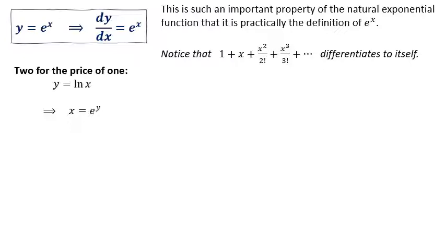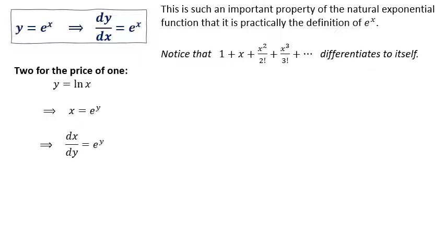And now, because we know how to differentiate e to the power of something, it just stays the same, we know that if I differentiate the right hand side with respect to y, I'll get e to the y. And on the left hand side, I can differentiate with respect to y as well, and I'll get dx by dy. Feels a bit backwards.